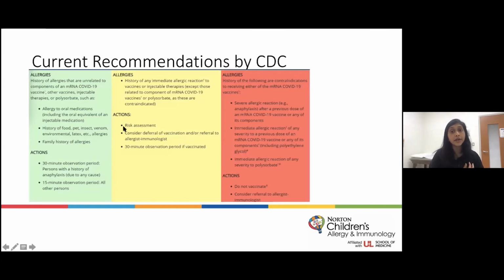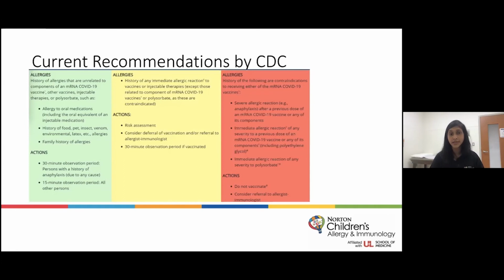These are the current recommendations by CDC. I'm sure you all are aware. So if patients have allergies in general that are not to injectables, not to things that contain PEG or polysorbate in it, a 30-minute observation period is completely reasonable. If a patient has any immediate reaction to injectables, again, that do not contain polysorbate or are not SARS-CoV-2 vaccines, that's not a contraindication.